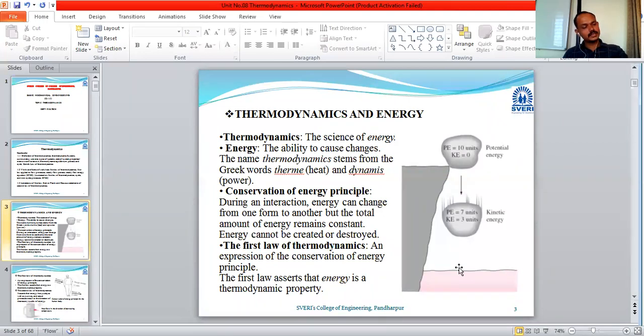Correct. Energy means the ability to cause changes. Capacity to do work means, if this is a bottle and I have to remove the cap, physically we can see my hand can open it, but actually to open the cap of that bottle I need energy. Correct?